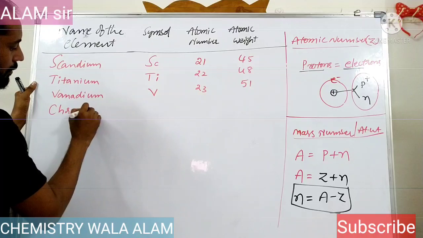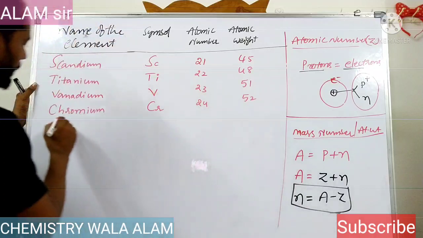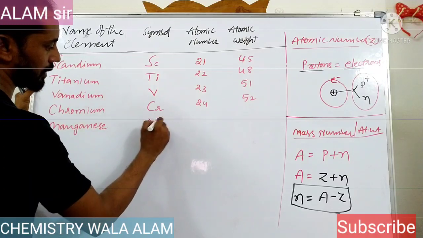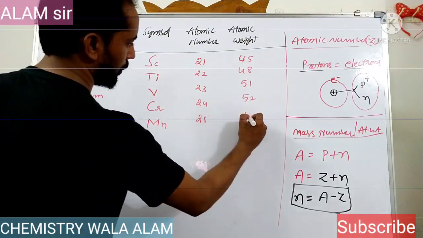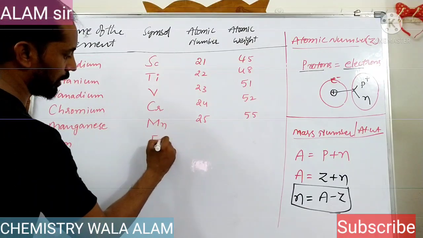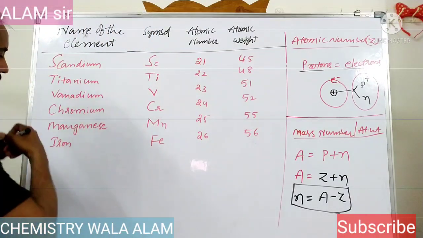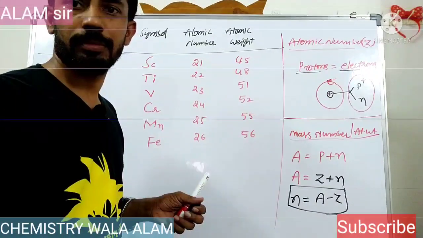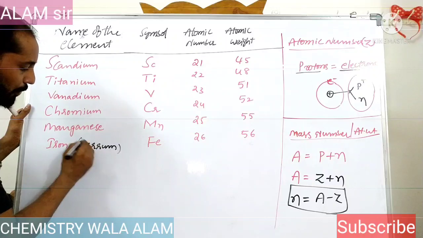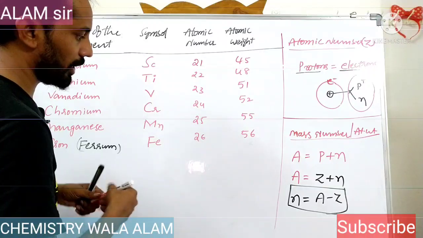Chromium Cr 24, 52. Manganese Mn 25, 55. Iron Fe 26, 56. Here iron also has a Latin name, that is ferrum. So iron has the Latin name ferrum, and that's why its symbol is Fe.